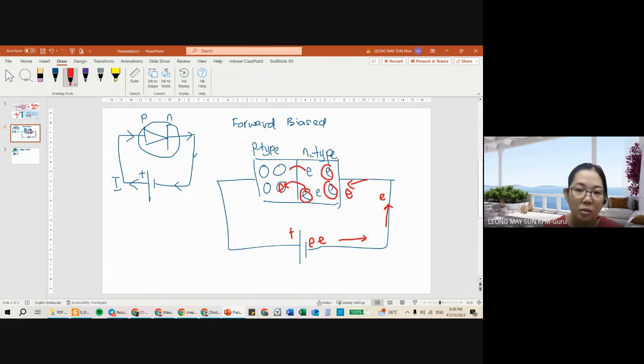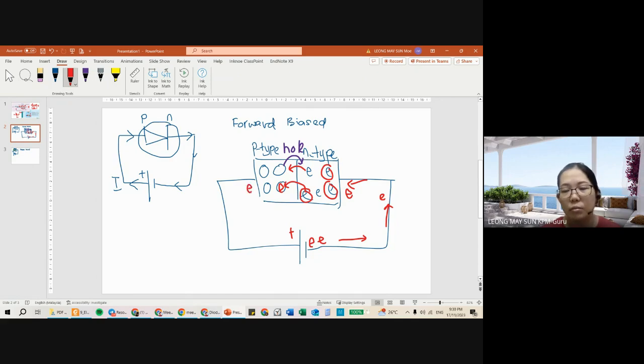So electrons will keep on moving towards the P-type semiconductor, and the holes will move towards the N-type semiconductor. But most importantly, there is a jump at this part. Electrons and holes can move through this junction.